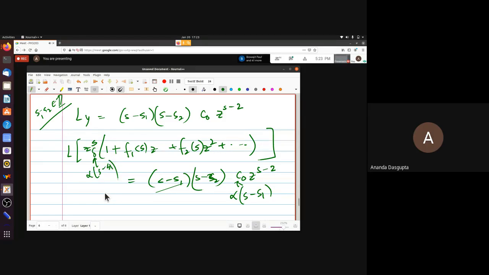And once you have done that, you have S minus S1 whole square. Partially differentiate with respect to S. Every term will have at least one S minus S1 in it. And when you put in S equal to S1, it is going to vanish. So that's the other trick. Even when two roots differ by an integer, you can still get a solution this way.